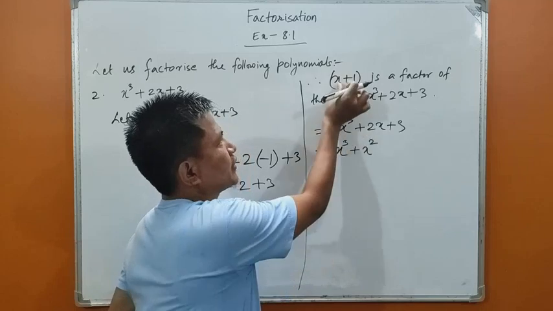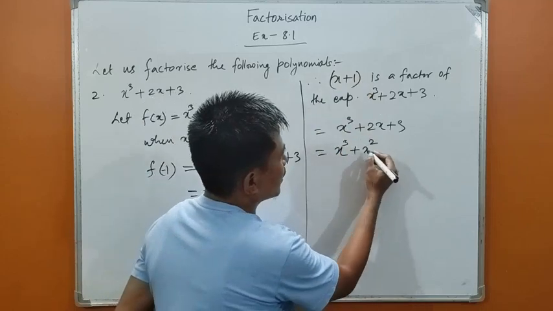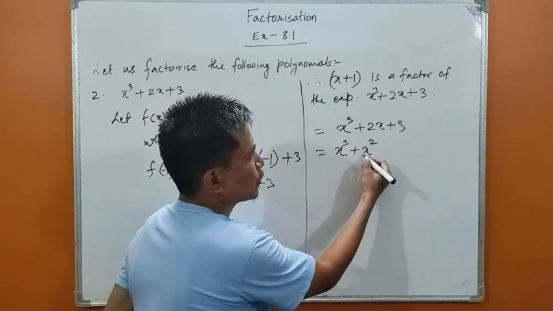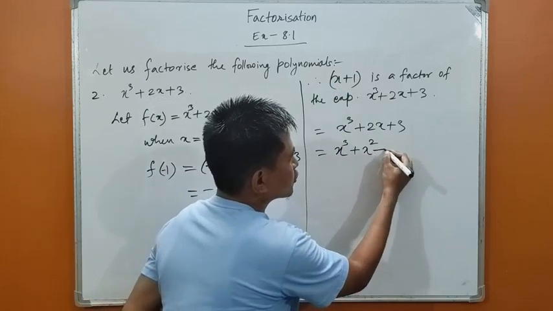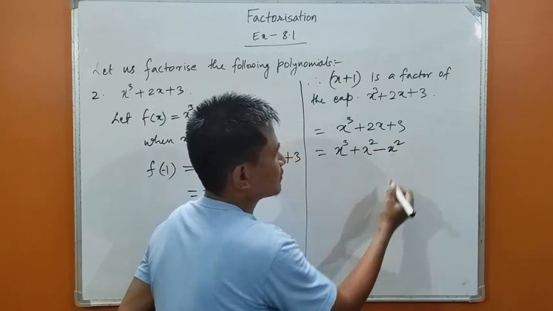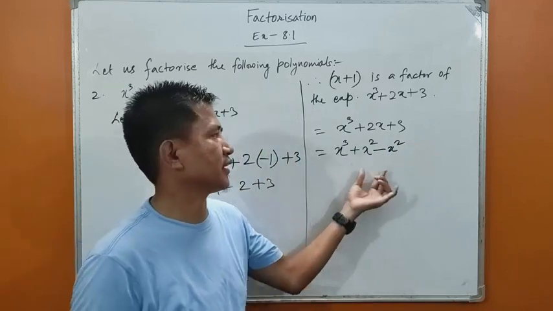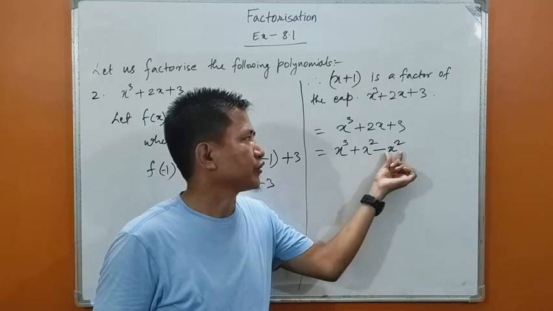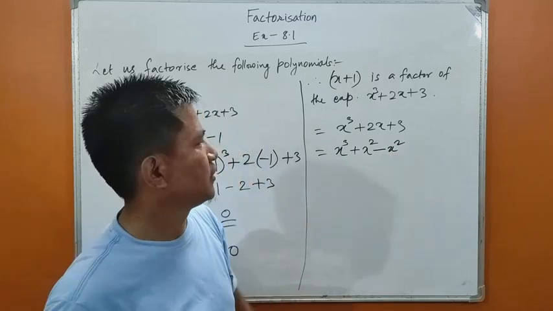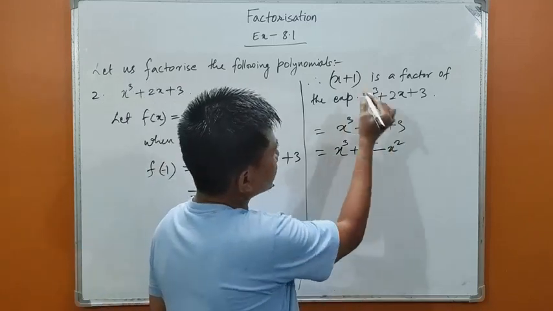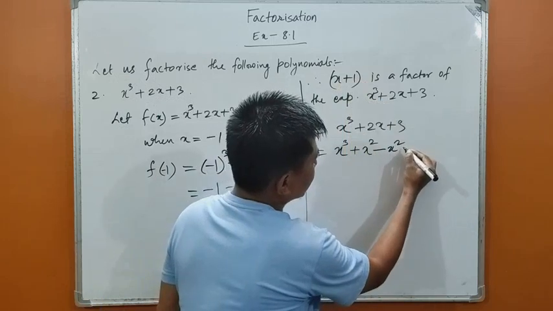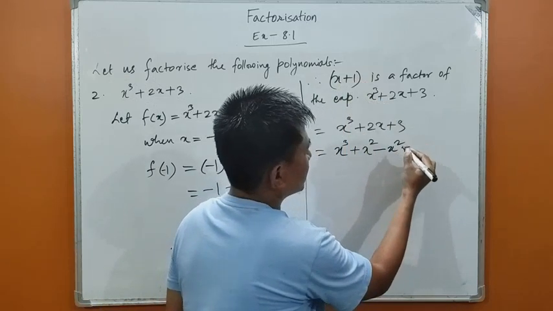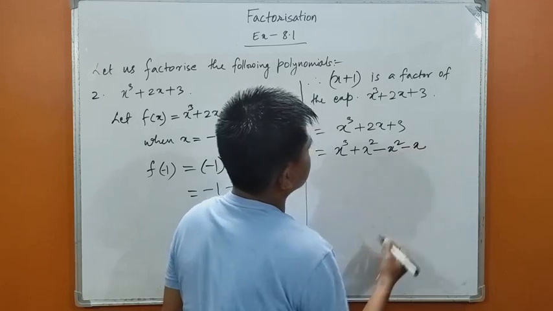We need x plus 1. Now we have inserted plus x square here, so we need to subtract that x square, because we cannot put x square as it is. So to balance this plus x square, we need to put minus x square. Now we need again x plus 1, isn't it? So minus x square minus x.